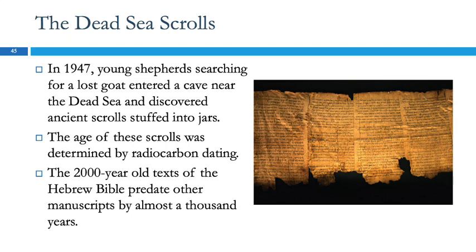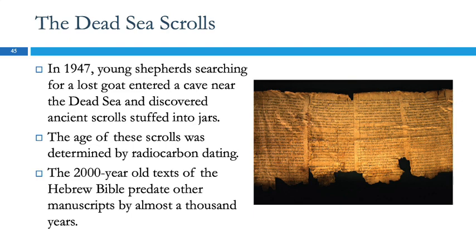So in 1947, some young guys looking for a lost goat found some ancient scrolls stuffed into jars. I mean, you can see how this could happen, right? And so they're like, wow, we found these things. Well, how old are they?